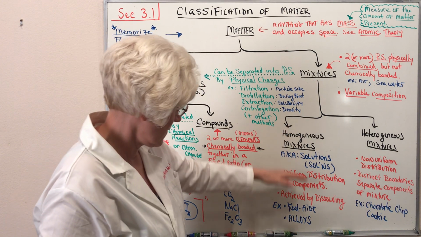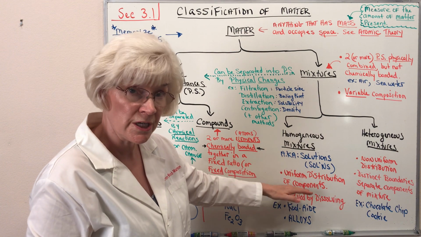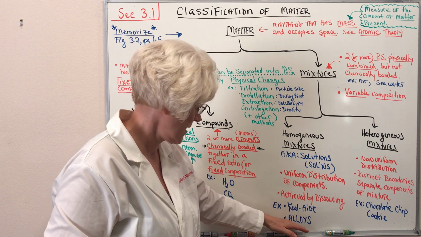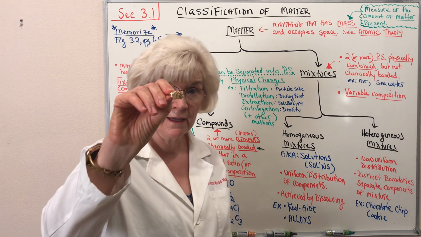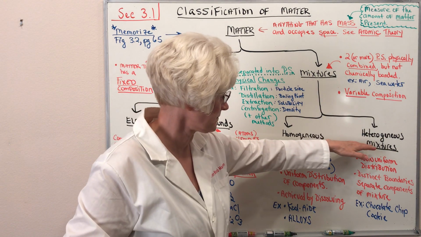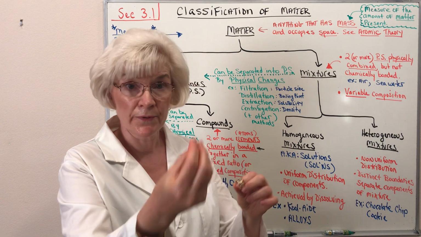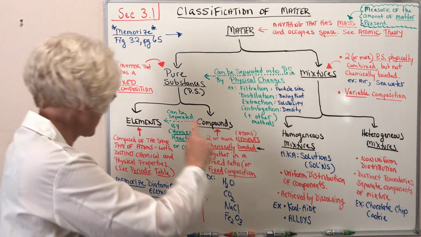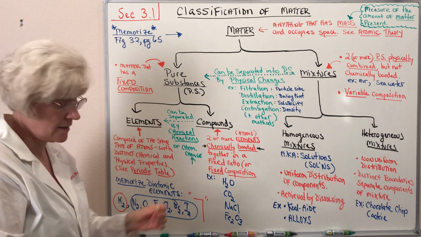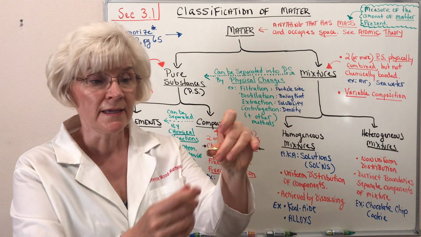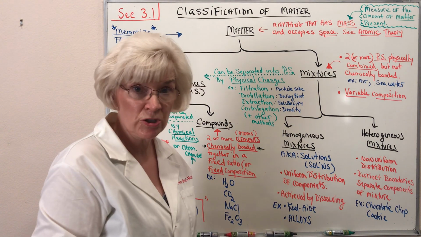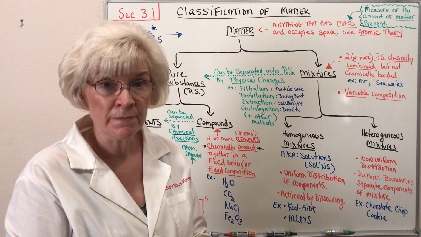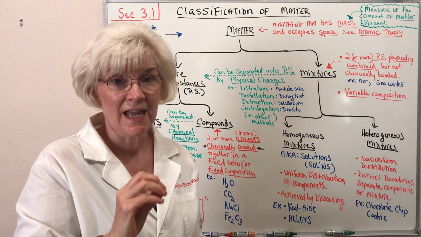That means it must fall under the homogeneous mixture category, and it's an alloy. So once again, the entire ring is a heterogeneous mixture. The diamonds that are present in the ring are an example of an element, and the metal band is an example of a homogeneous mixture, an alloy of two precious metals, gold and silver.